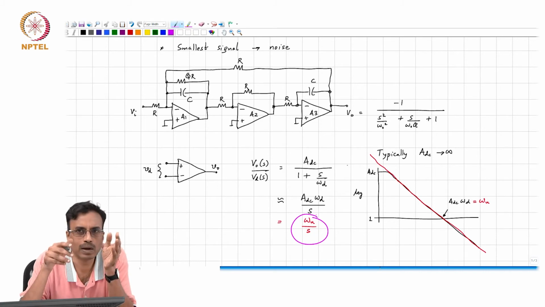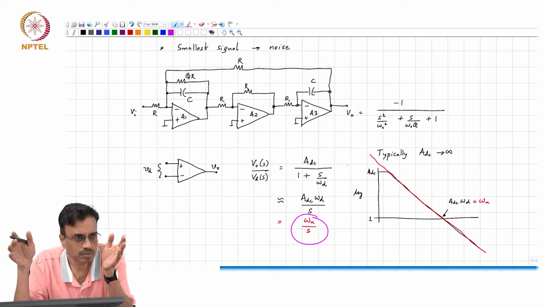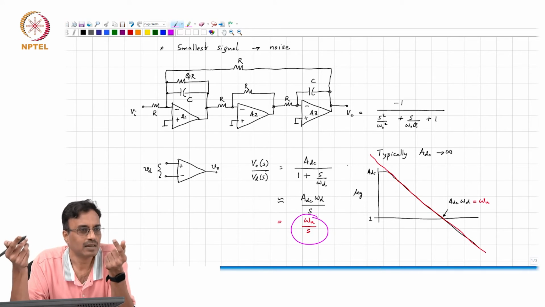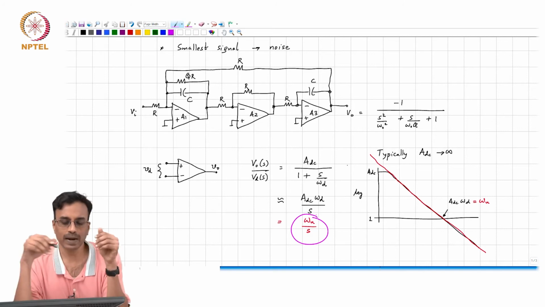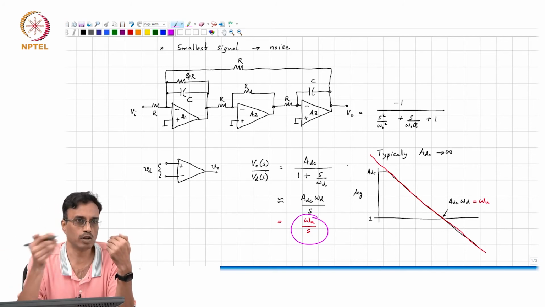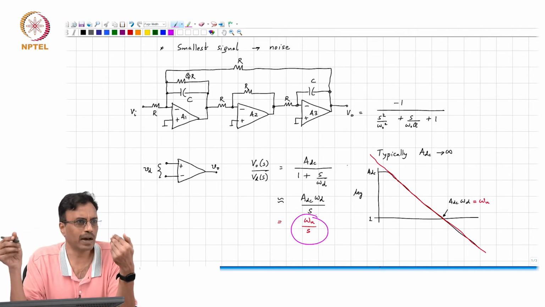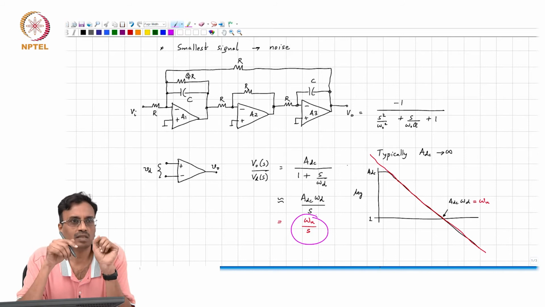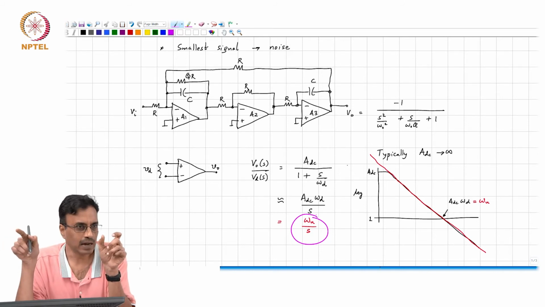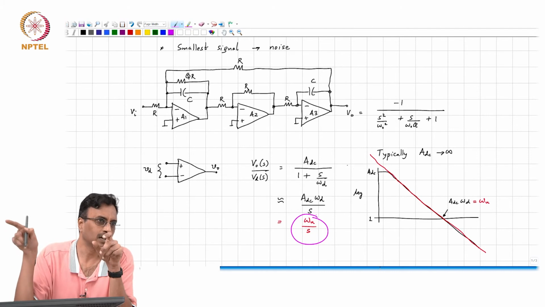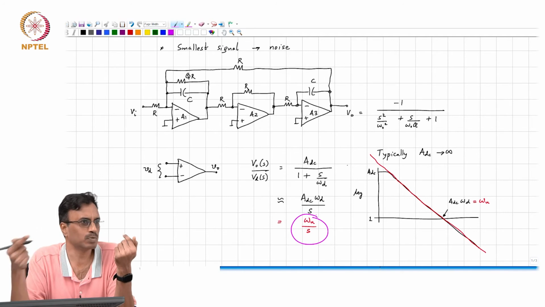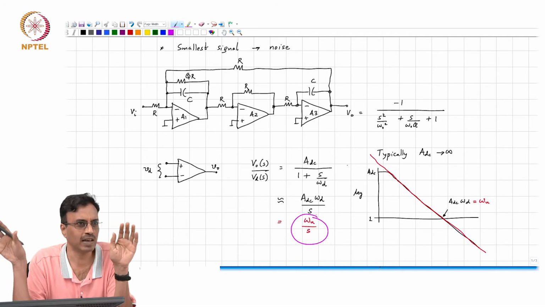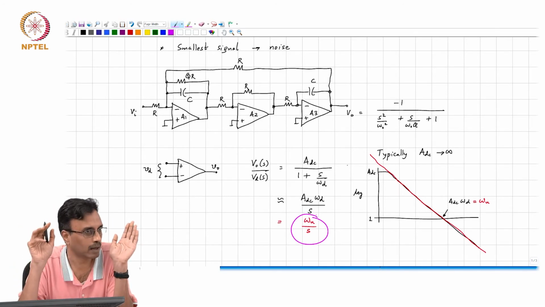But if omega u becomes very large, then we should expect that this fifth order transfer function reduces to a second order one. Therefore, if you keep increasing omega u, 3 out of those 5 poles should be expected to tend to infinity, because as omega u tends to infinity, this must reduce to a second order one, which is equivalent to saying 3 of the poles have gone to infinity, correct.